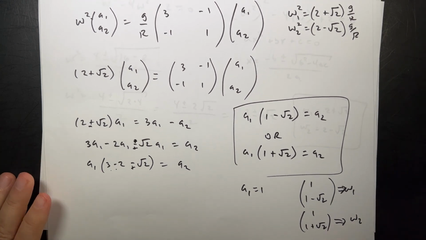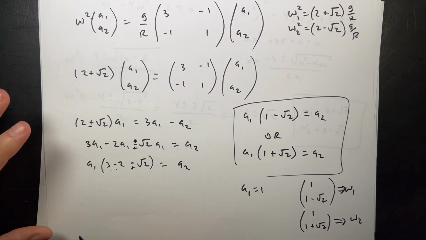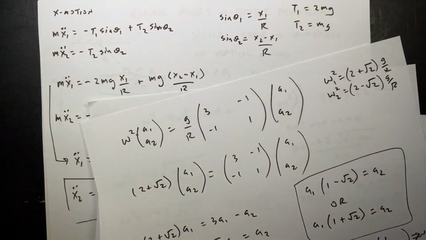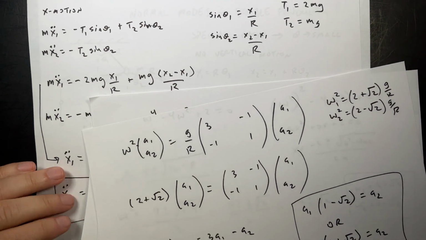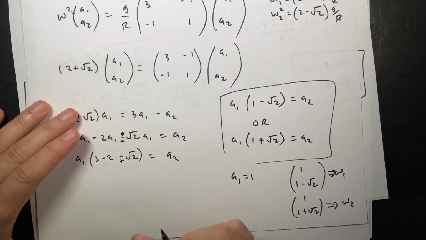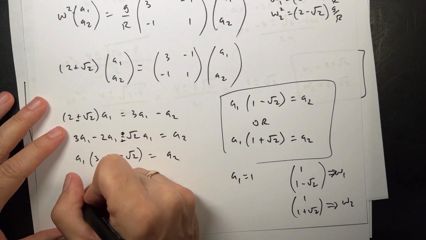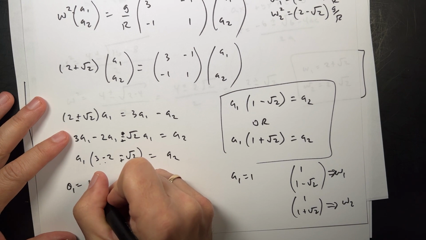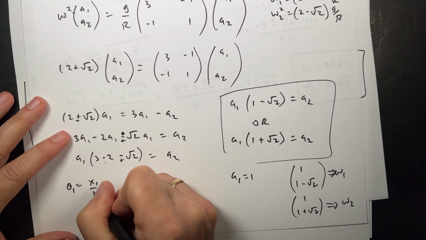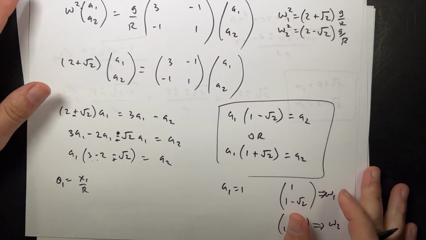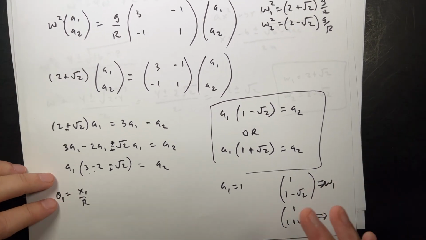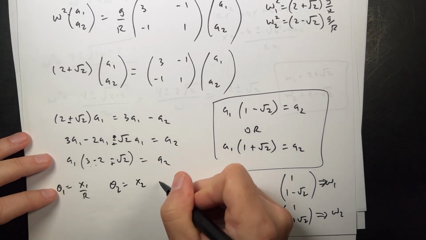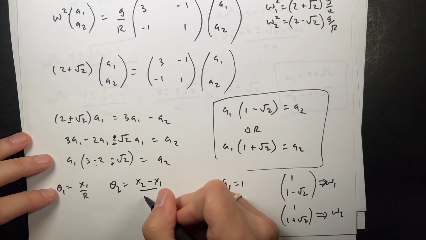So what if I do want to find theta 1 and theta 2? Now I just need to go back over here. Actually, let's just draw a picture. Theta 1 is equal to x1 over r, and theta 2 is equal to x2 minus x1 over r.